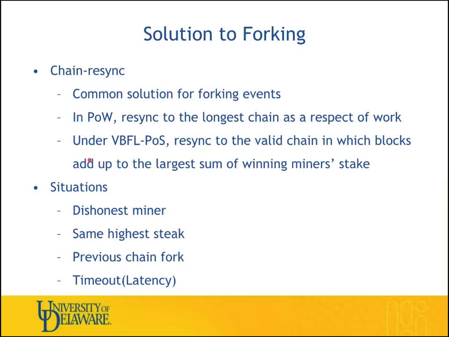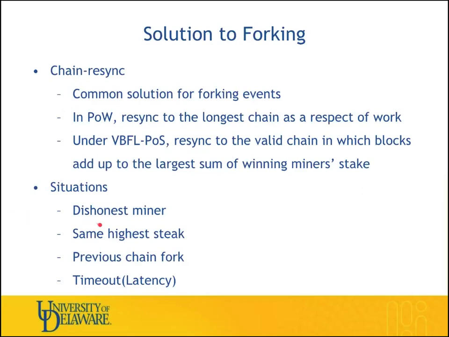Under VBFL PoS, a node will replace its chain if it finds a valid chain in which the blocks add up to a larger stake than its own chain. A valid chain means each hash pointer must be correctly hashed to its previous block.